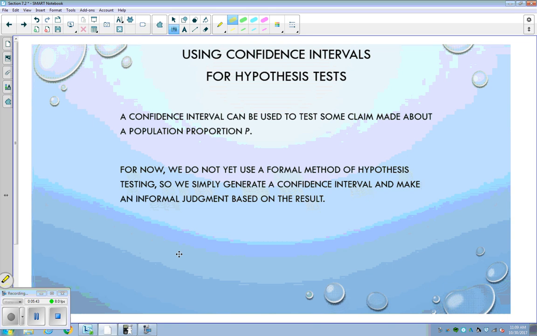So we can use it to test some claim, and it will be used again when we do our formal hypothesis testing, when we'll make a formal judgment based upon that hypothesis test. But for now, we're going to learn how to construct them.